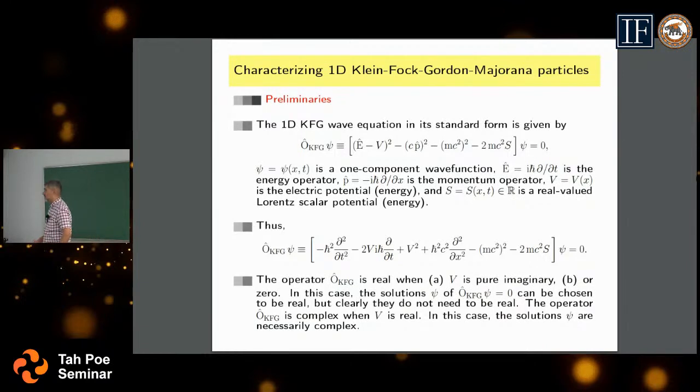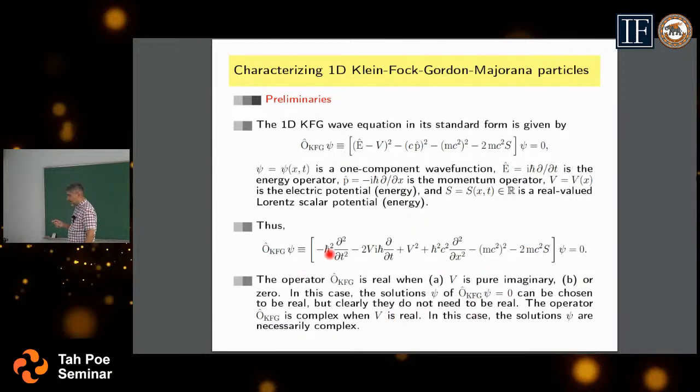Let me present the mathematics of the most interesting part of the talk. All of you know the Klein-Fock-Gordon equation. This is the Klein-Gordon equation, but here we have a scalar potential, as you know. Look at the equation, a kind of operator here. You can reduce the operator to this expression.